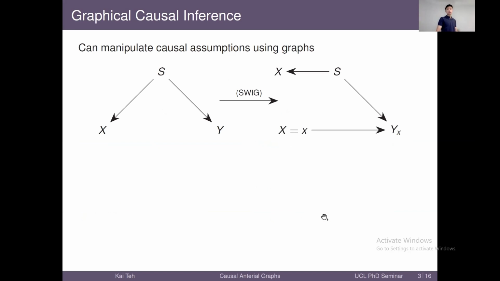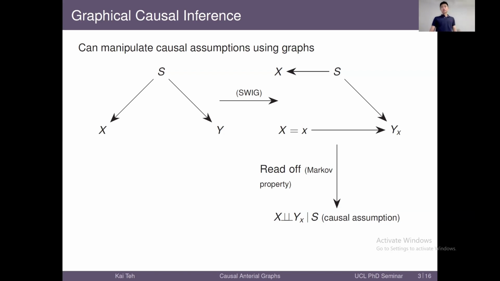How? Well, you do this graphical operation and read off from the resulting graph, via the Markov property on DAGs, the separation, to get the causal assumption. And to those of you in the audience who know this node splitting operation, where you split the node X into two parts, one that goes in and one that goes out, that's a SWIG operation, single world intervention graph, from Richardson. So that's a neat way of what you can do with graphical causal inference.